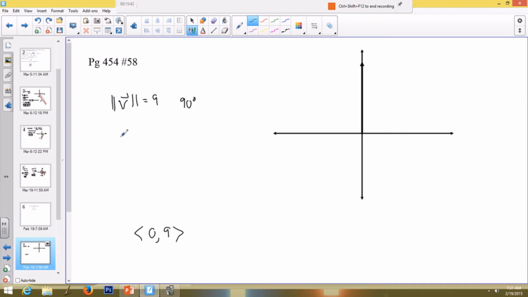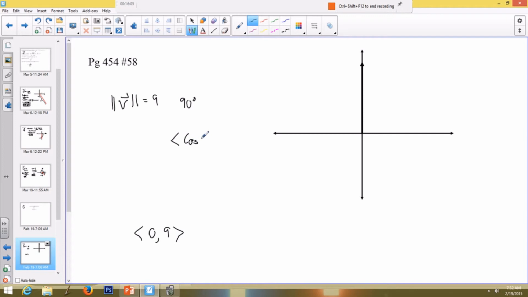But if we were to break this down into its component parts, remember, we could calculate that value by breaking it up. The cosine is the x value. Let's do it right.